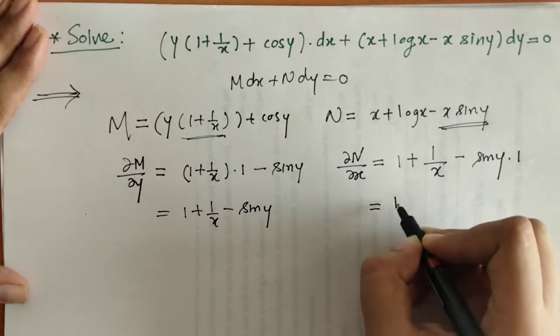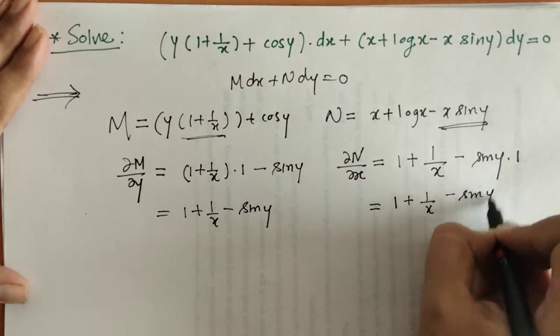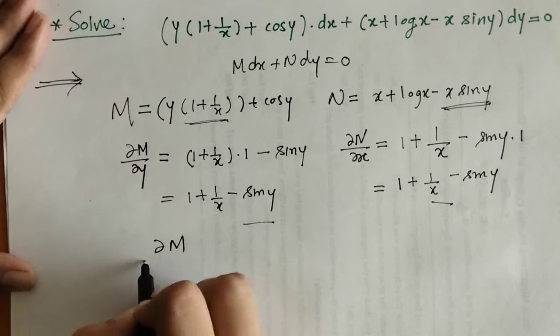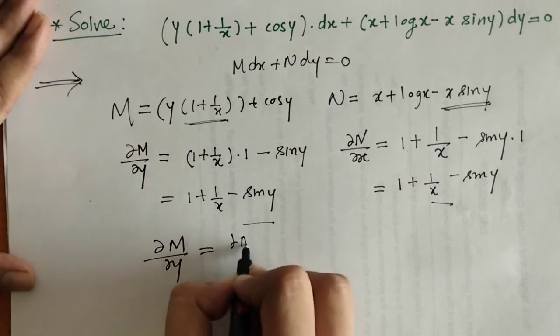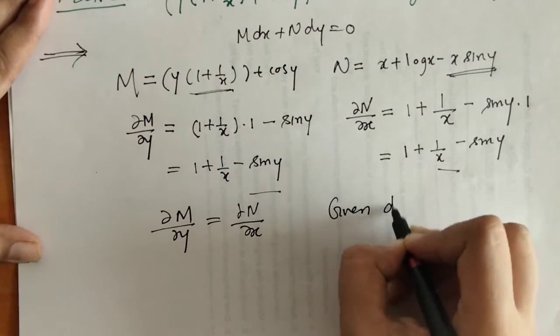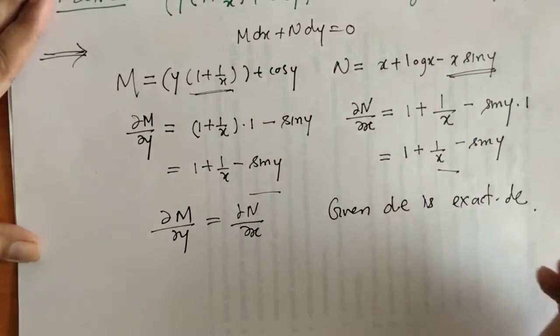So we have here 1 plus 1 upon x minus sin y. Now we can check that both these are equal. So we have to say that the given differential equation is an exact differential equation, right?